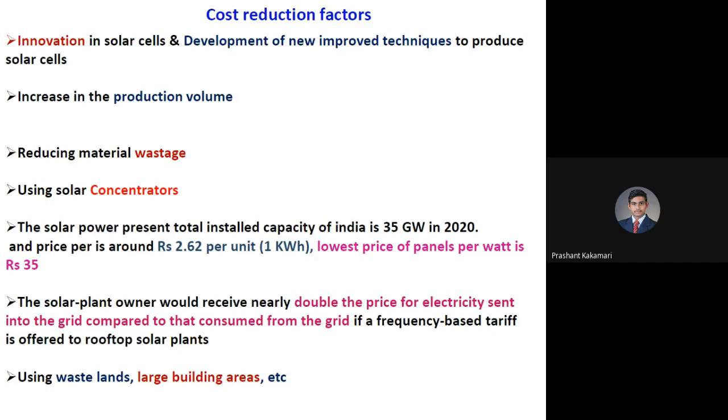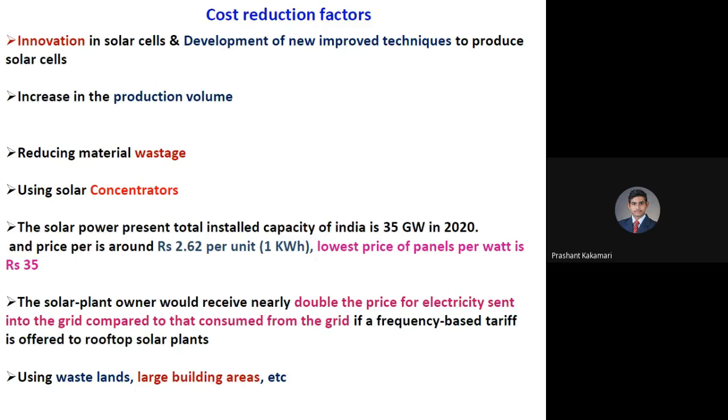Focusing on this, we need to go for innovation and research nowadays, and also we need to develop new improved techniques which reduce the production cost. On the material side also we need to concentrate on the band gap or energy gap, as I said earlier. Such materials we need to find with very low band gaps and also the possibility of getting the material at very low cost.